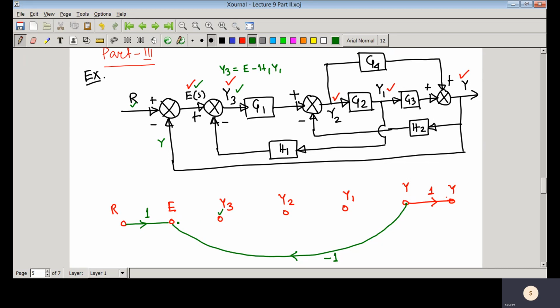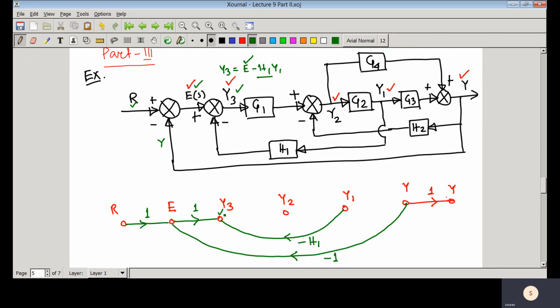So Y3 equals E minus H1 Y1. So here you have another loop. Its gain is minus H1. Then you can see that Y3 equals E minus H1 Y1.